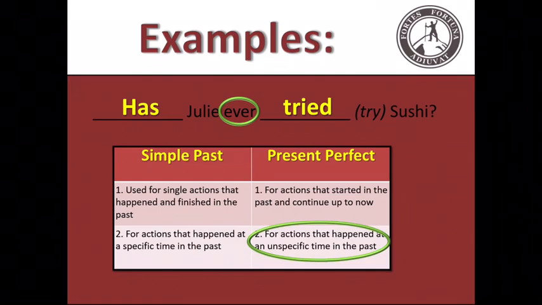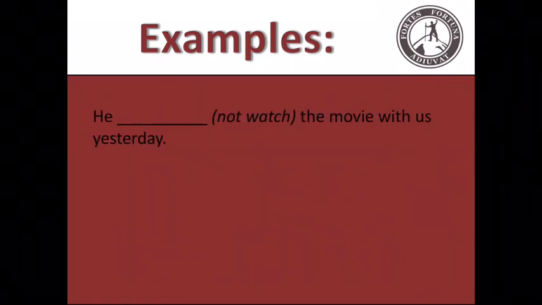Let's try another one. He, our verb is not watch, the movie with us yesterday. As you can see here, we have our specific time, yesterday, so we know that we're going to use simple past. Remember that in simple past, we use an auxiliary verb, which is did, not, or didn't.